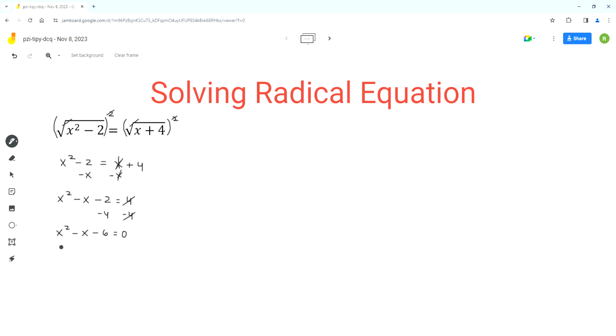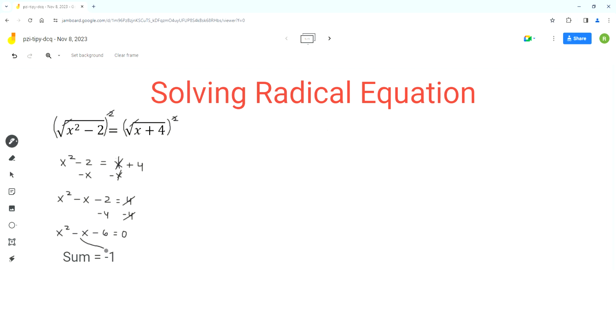Now since the coefficient of the x squared term is 1, this is a simple trinomial. So we can solve this equation by factoring this simple trinomial and then we solve for x. So we have to find two numbers whose sum is -1, which is the coefficient of the x term.